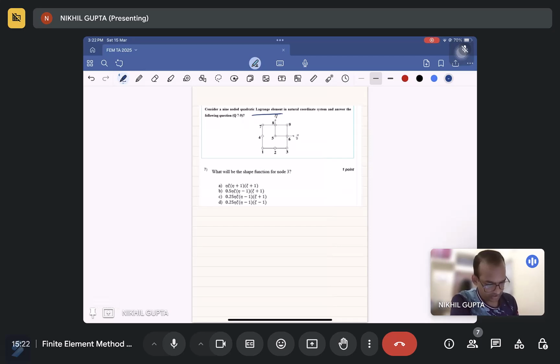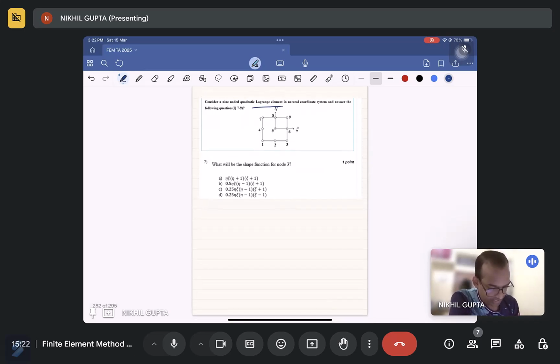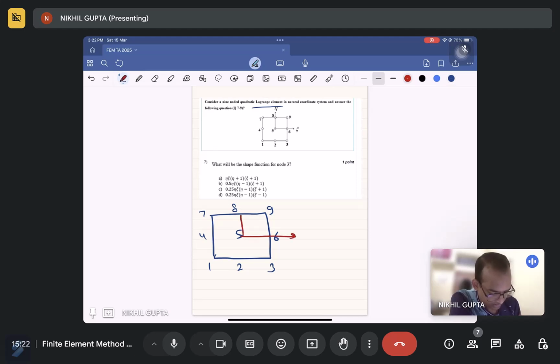So, solving the shape function for node 3. Okay, let's start. There are different methods to solve this, but I'll use the line method only. So these are nodes 1, 2, 3, 4, 5, 6, 7, 8, 9. Now your natural coordinate system is xi and eta. So you have to find N3.